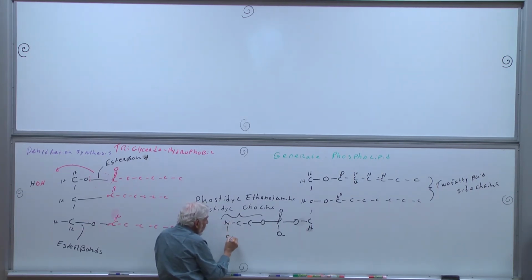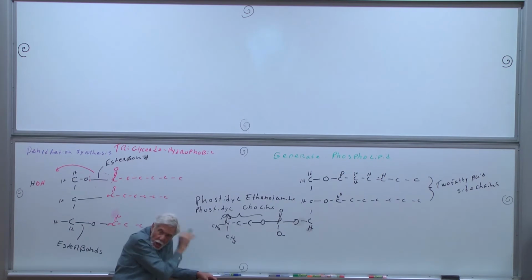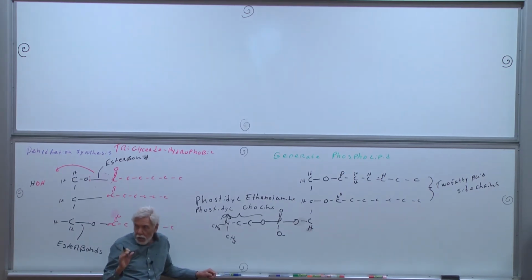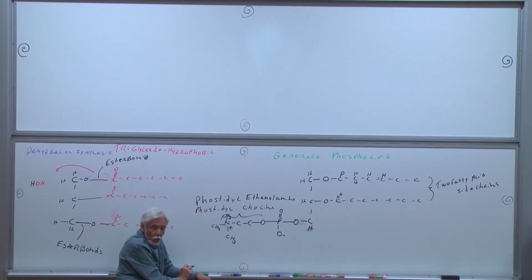And then on the nitrogen, there are 3 methyls. And again, it's not the details of the individual atoms we're concerned with here. What we're really concerned with here is that by the time we put these methyls on here and we share the charge, this nitrogen becomes positively charged.